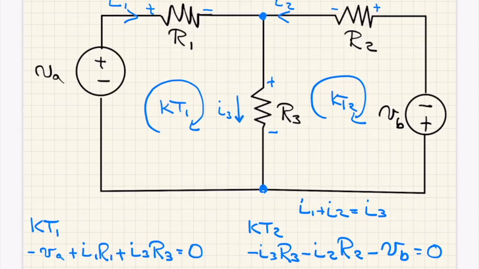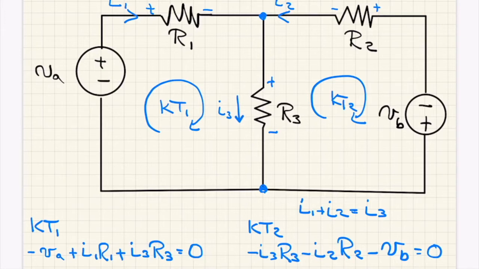I can substitute the current relationship as I like it into one of the equations and then eventually solve for I3. So I'm going to substitute in on the left hand side, for example. I can see that I have an I1 on the right hand side and an I2 on the left. It really doesn't matter which one you substitute for.